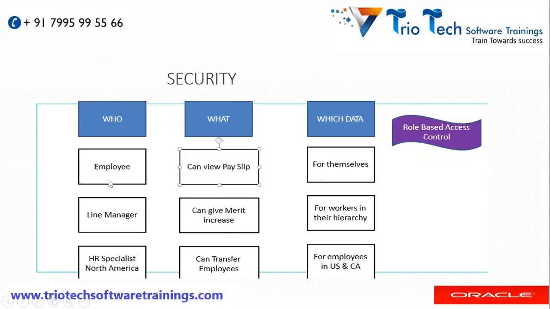Is that person only an employee, or also a supervisor in this organization, or specifically playing the role of an HR? So this security, based on who, what, and which data, defines its own criteria to restrict data access from the system. That approach is termed role-based access control.